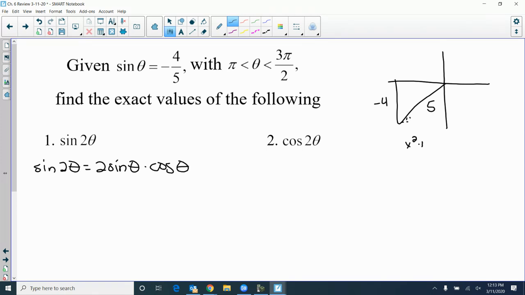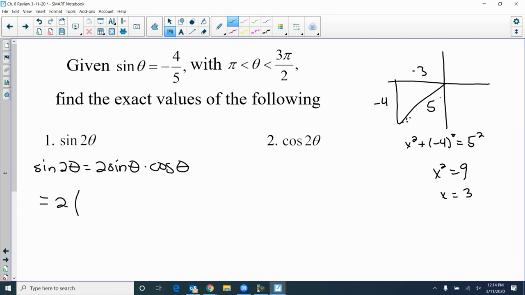If you do x squared plus -4 squared equals 5 squared, we end up with x equals 3. Now, since it is in quadrant 2, you want to think of it being -3. So we got enough information from here. All right, so 2 sine of theta times cosine of theta, which equals 2.